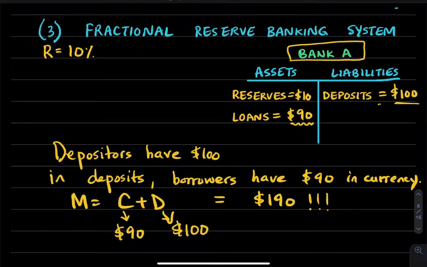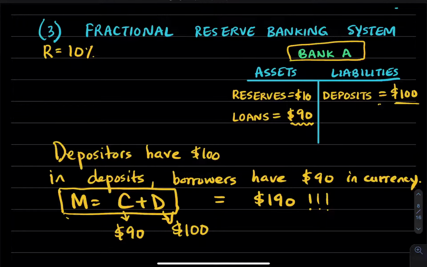So this might be an awkward idea, because you're thinking that we only started with $100. Have we created any wealth? The answer is no. Banks don't create wealth, but they create money. And this is really because we define money as being the sum of currency plus deposits.